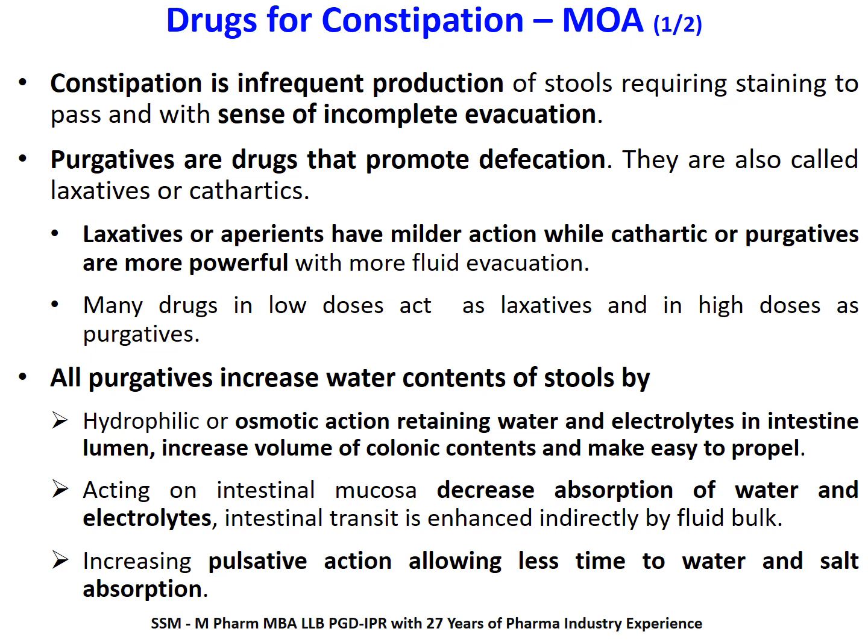Second mechanism is by acting on intestinal mucosa, decreasing absorption of water and electrolyte. Intestinal transit is enhanced indirectly by fluid bulk. Third mechanism is by increasing peristaltic action, which allows less time for absorption of water and salt.